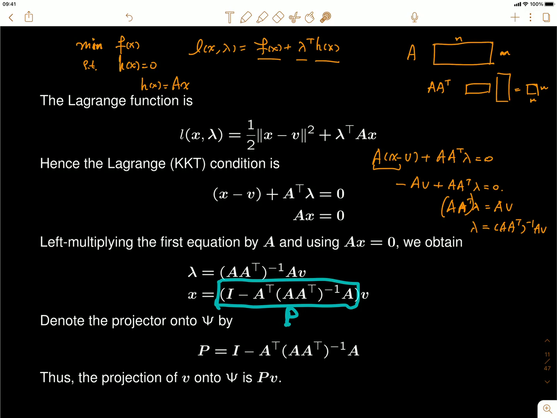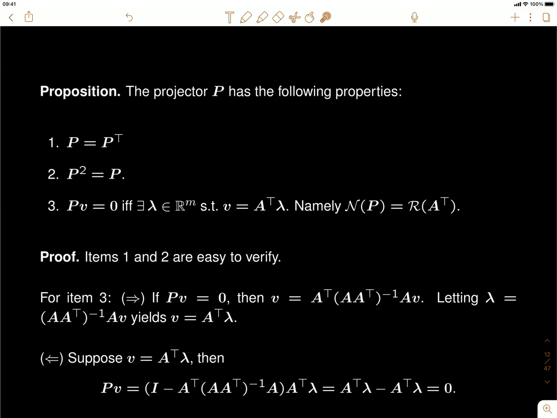Okay, so that's the projector. So that's pretty clear, right? As long as you know the matrix A, you can compute this matrix, and then given any vector v, you just multiply this vector v by this matrix, then you get the projection of v.